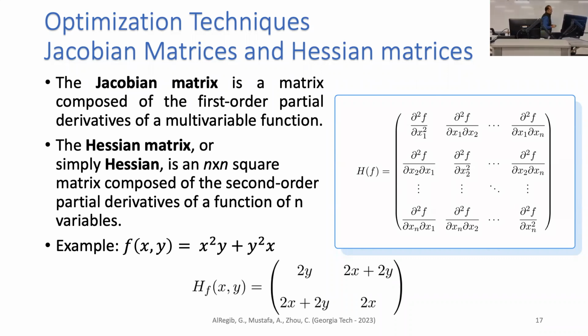So now you have the Hessian matrix. The diagonals in here: the second derivative of the function with respect to x, you will get 2y. And the second element in the diagonal, the second derivative of f with respect to y, you will get 2x.